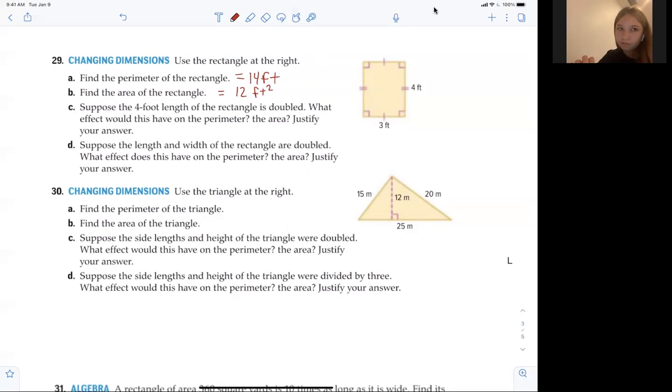Yeah, it would definitely make it bigger by how much? 8 more, right? 8 more feet. Why is it 8 more feet? Because you're just adding 4 to 2 lengths, right? So for C, increase perimeter by 8 feet.